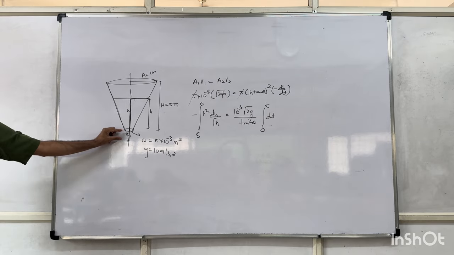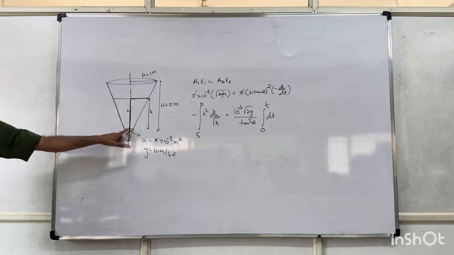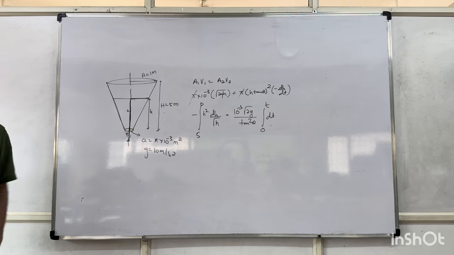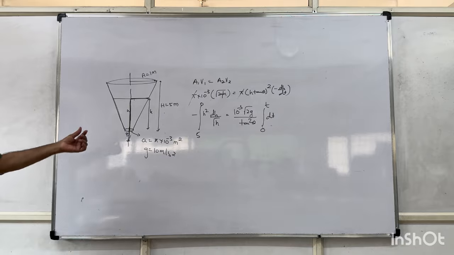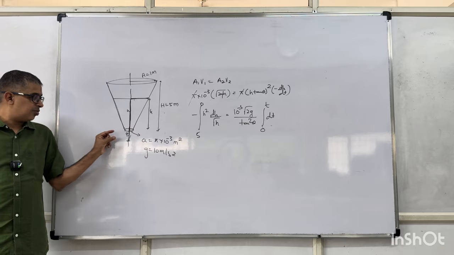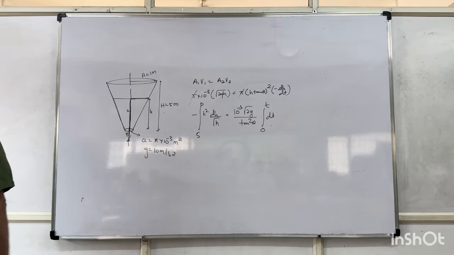You are not taking this to be small. You are taking it to be coming till here only, not till here. Assume that to be small. This area of cross section is small, so even this will be small by similar triangles. That approximation they will want you to use quite frequently.